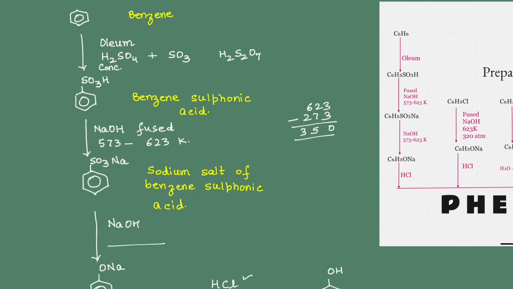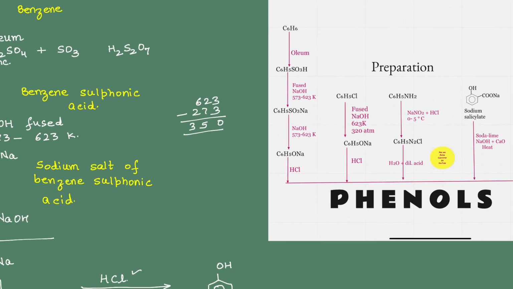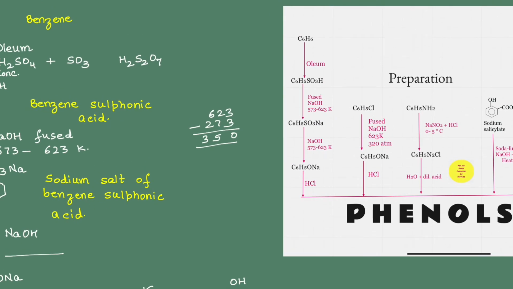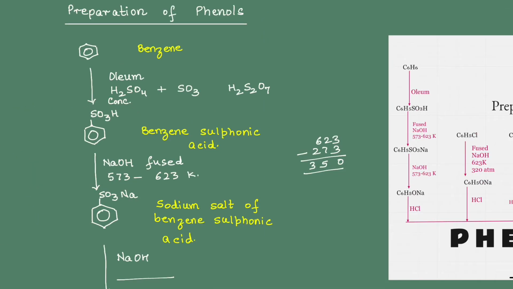There is no rule like that. You can write it horizontally. I wrote it vertically simply for ease of convenience and to correlate it with the chart that I have drawn over here. Are we done with the first method of preparation? This is the first method, from benzene.